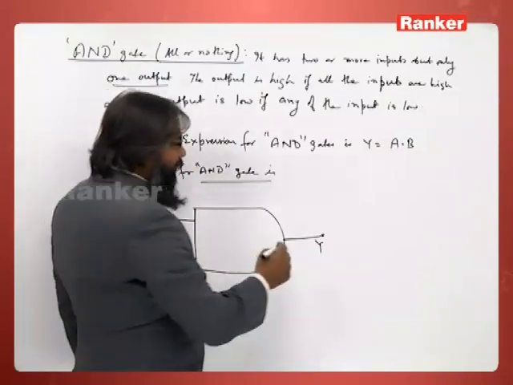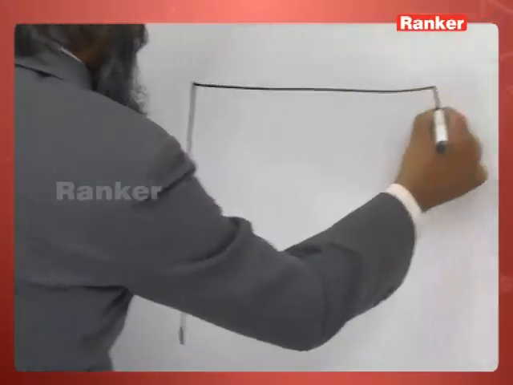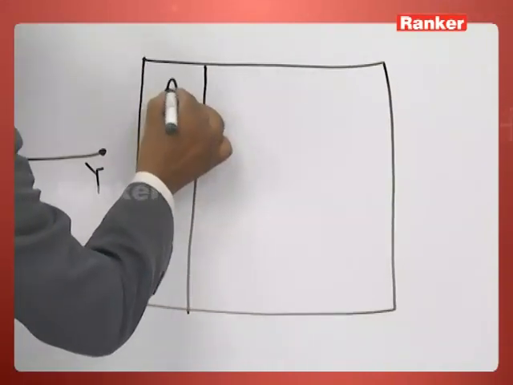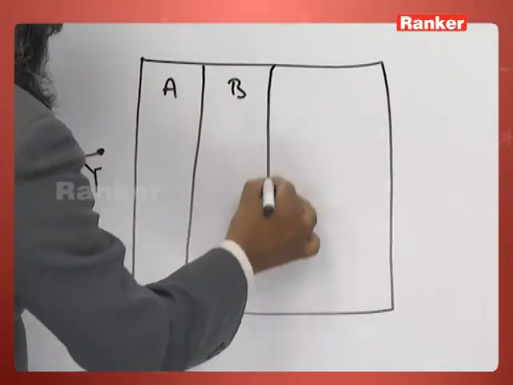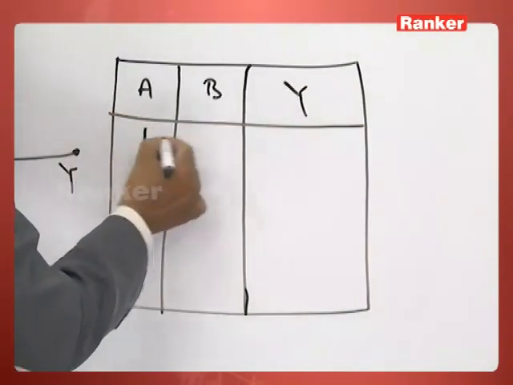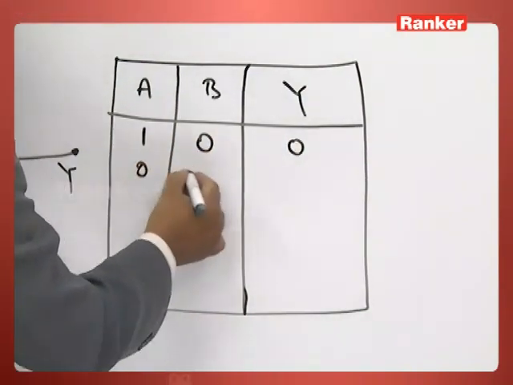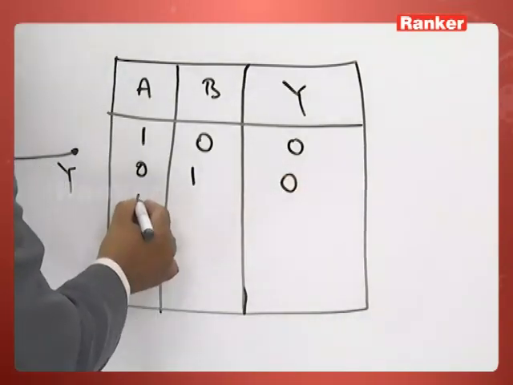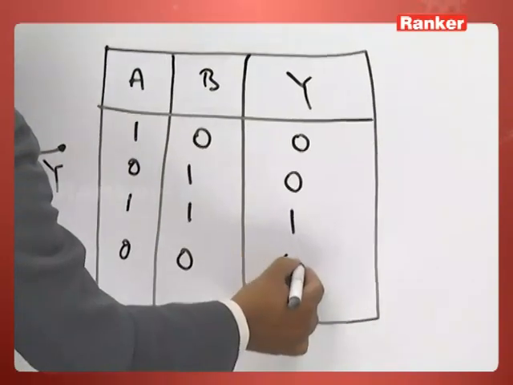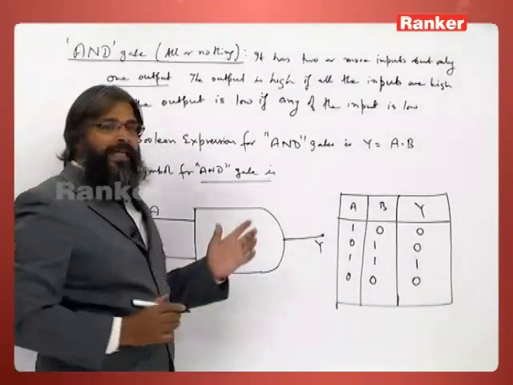The truth table is like this. We will write A here, we will write B here, and this is Y. Now this is 1, this is 0, so this will give 0. This is 0 and 1, this will give 0. This is 1 and 1, it will give 1. 0 and 0, it will give 0. This is what the AND operation is.